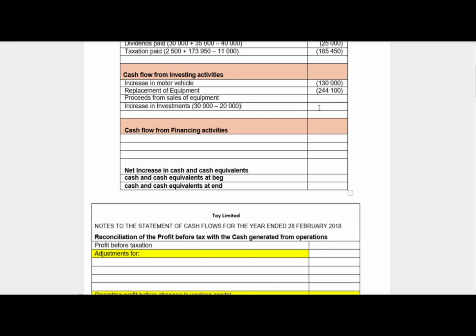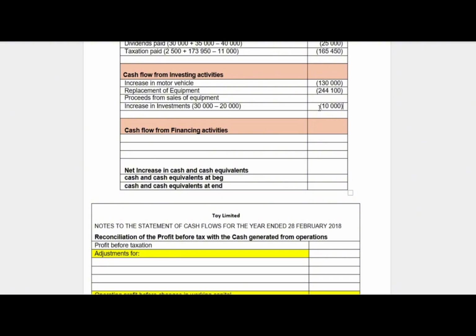That means initially you invested 20,000, now you top up the investment with 10,000. That is an outflow. When it becomes an inflow, it will be a decrease in investment. It means you have made a withdrawal from your investment account into the business. Now it will be cash inflow. But in this case, where there is an increase in investments, that is an outflow.